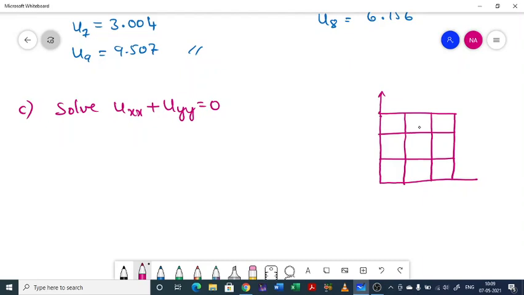Okay, the values given are 500, 100, 50, 0, 0, 0 x-axis, 0, 0, again this is also 0, 30, 20, and this one u1, u2, u3, and this one is u4.